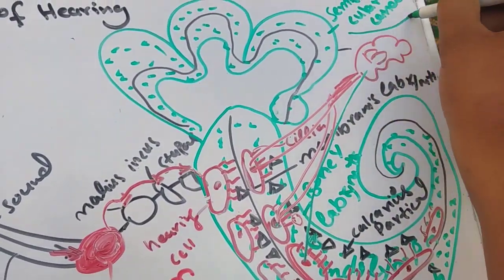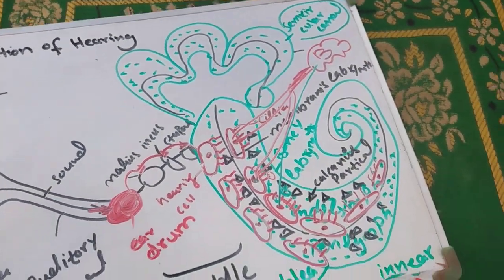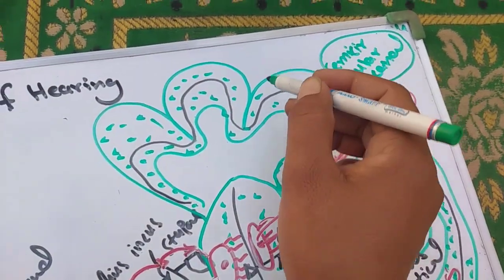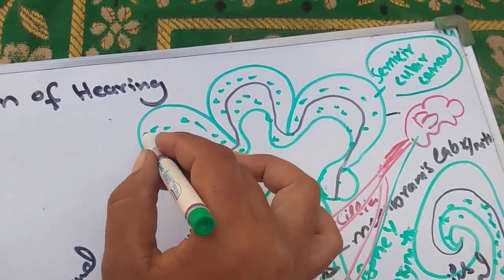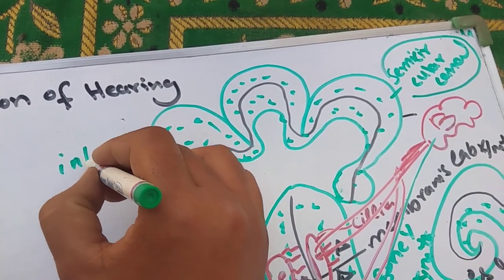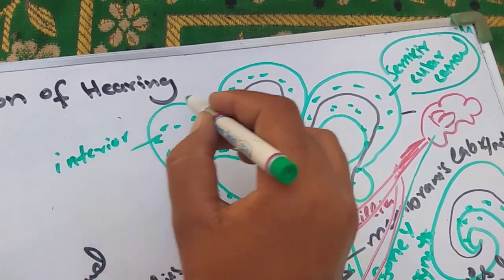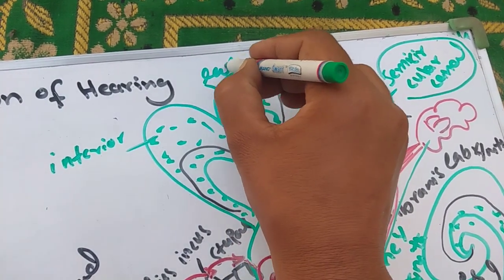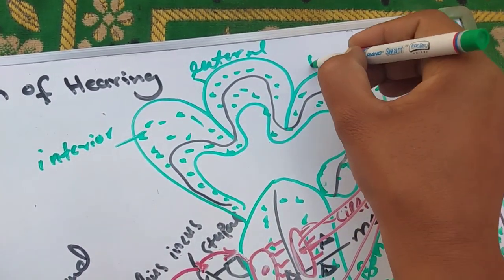The semicircular canals are used for balancing our body. There are three semicircular canals: this is the anterior semicircular canal, this is the lateral, and this is the posterior.